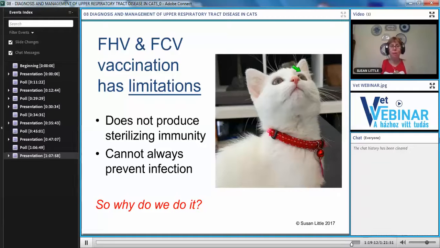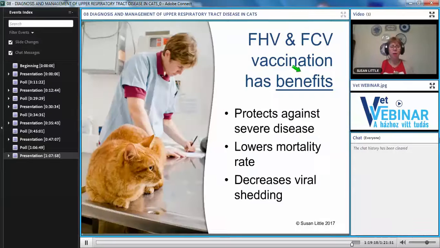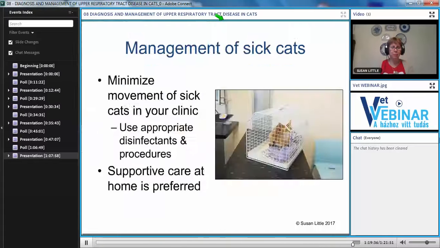So you might say, or owners might say, well, why do we bother if we can't 100% prevent infections? Well, there are benefits. It does protect against severe disease. Infected cats are unlikely to die from their disease, and it certainly helps us decrease viral shedding. So even if it doesn't totally prevent disease, it still has some great benefits for us.